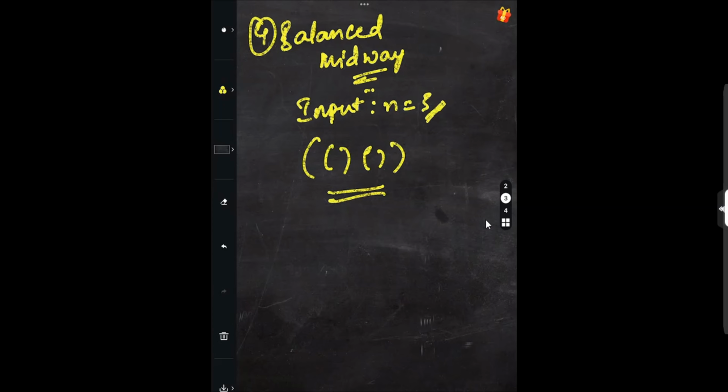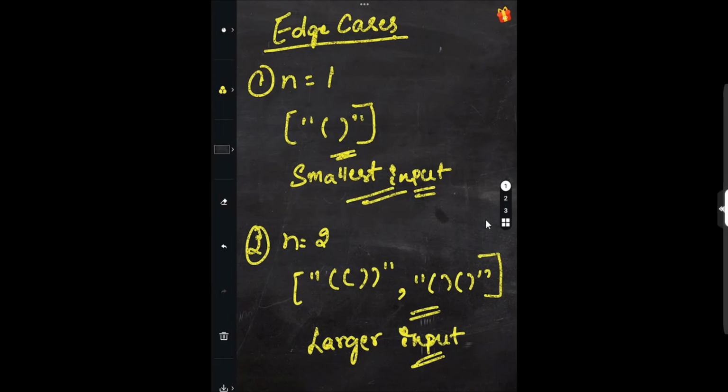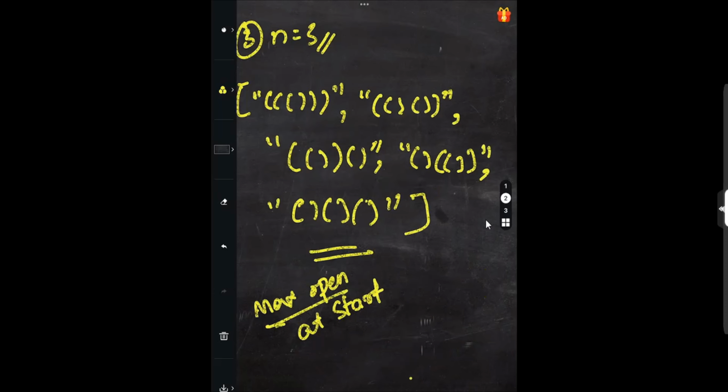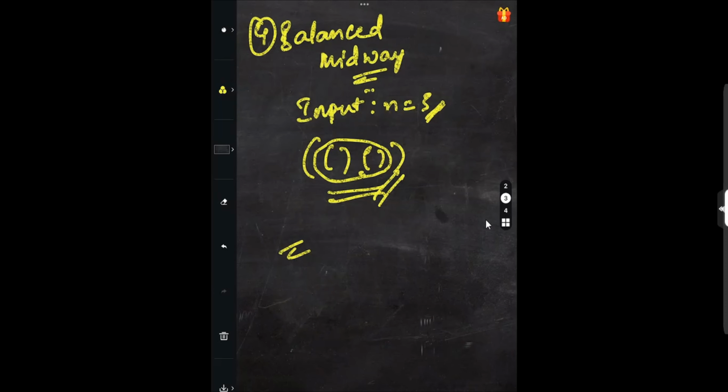This must include the balancing of open and closed midway. Here you can clearly see this one, right? So we have considered 4 edge cases. One is for the smallest input, one is for the larger input, one is for max open at start, one is for the balanced midway. I hope all the edge cases are clear.